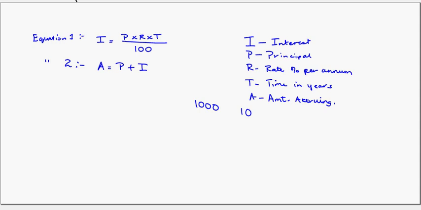The $1,000 that I invest into the bank is known as my principal. That's what I'm putting into the bank. I'm investing. The 10% will be known as my rate.